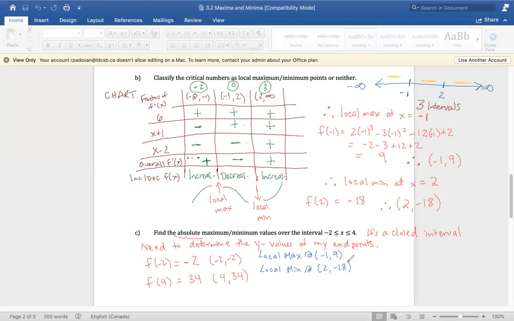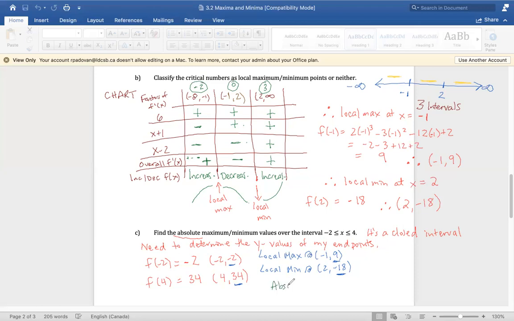So these are my local extrema. They came from the local question for B, right? So what I want to do now is I need to look at all my y values. So if I look at a y value of -2, y value of 34, y value of 9, and y value of -18.